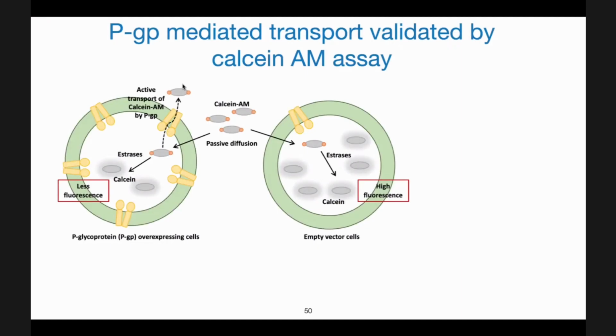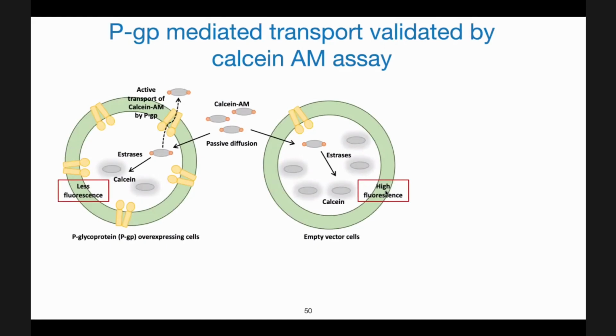Instead, it is just effluxed out, and so there is less fluorescence in PGP overexpressing cells. However, in the empty vector cells, where there is not much P-glycoprotein and most of the calcein AM is cleaved by esterases to calcein, there is high fluorescence.